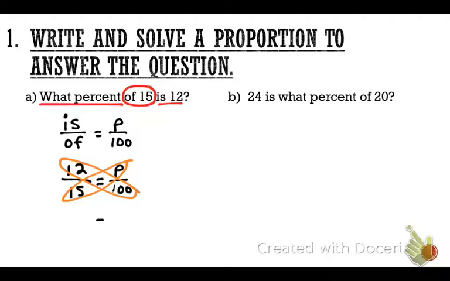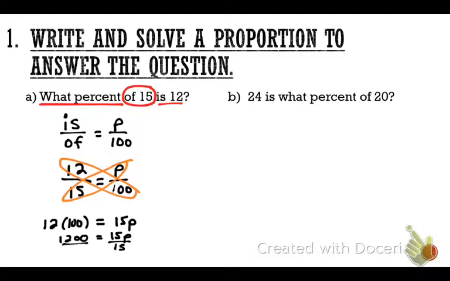Okay, so drop that equal sign down, and I'm going to be doing 12 times 100 equals 15 times P. Now this looks just like a normal cross products kind of problem that we would have before. What's 12 times 100, guys? 1200. Okay, 1200 equals 15P. How do I get P by itself?